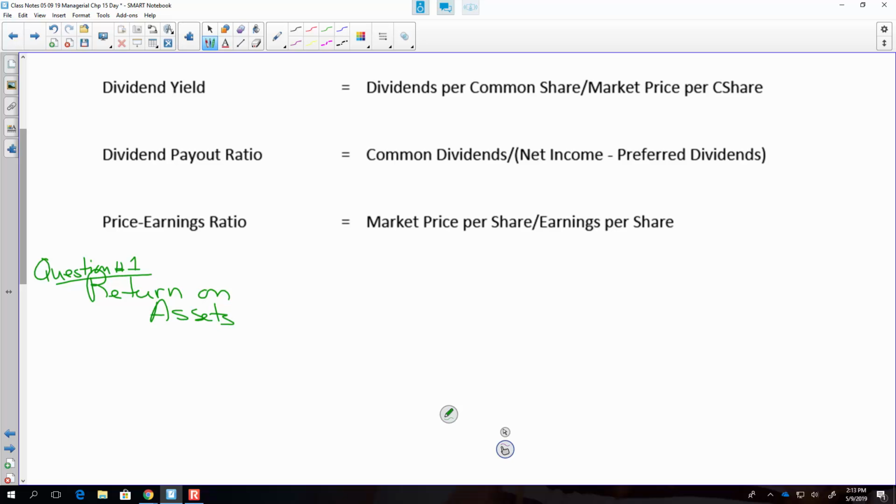And the tax rate is what, guys? The 34%. Very good. So I'm going to take my net income, 5 million. I'm going to add my interest. My interest expense was 400,000.